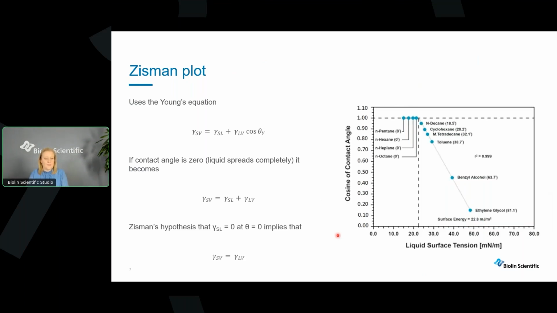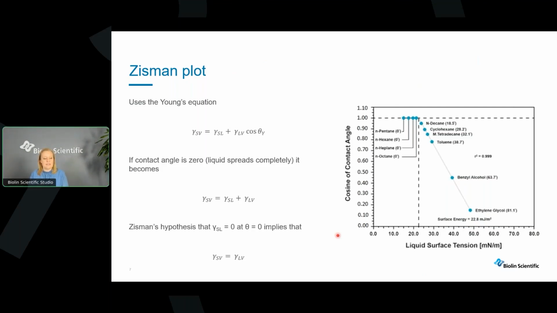But the Zisman plot is not really a surface free energy measurement in a sense, because what you are actually getting from the Zisman plot is, let's say, the critical surface tension value for the liquid that will completely wet the surface.